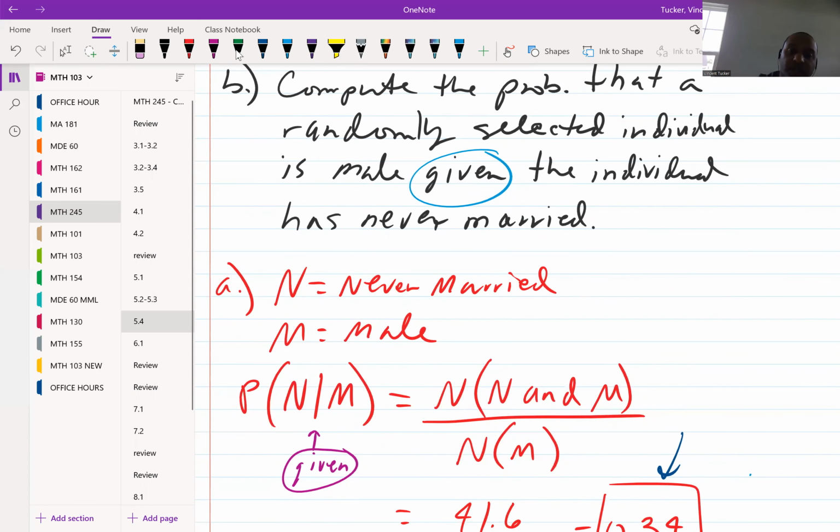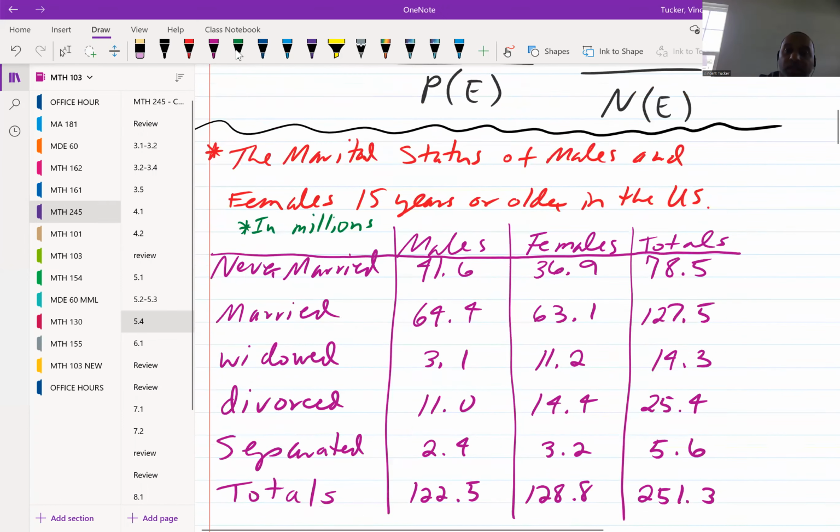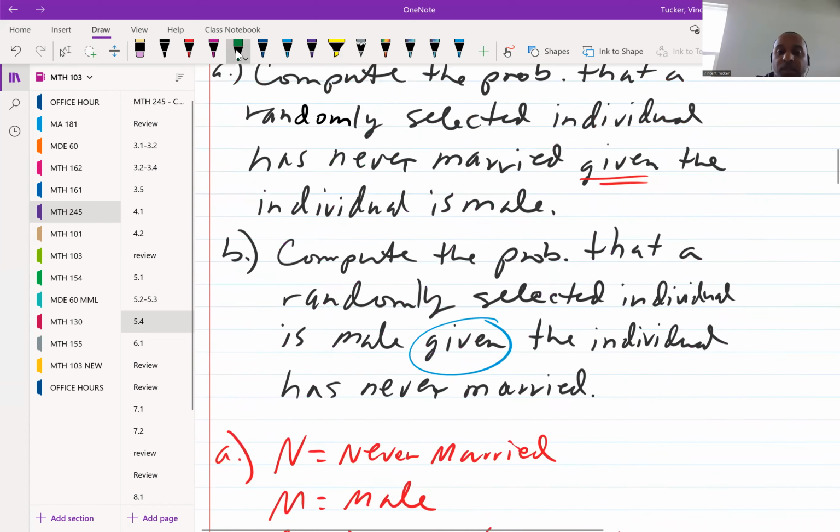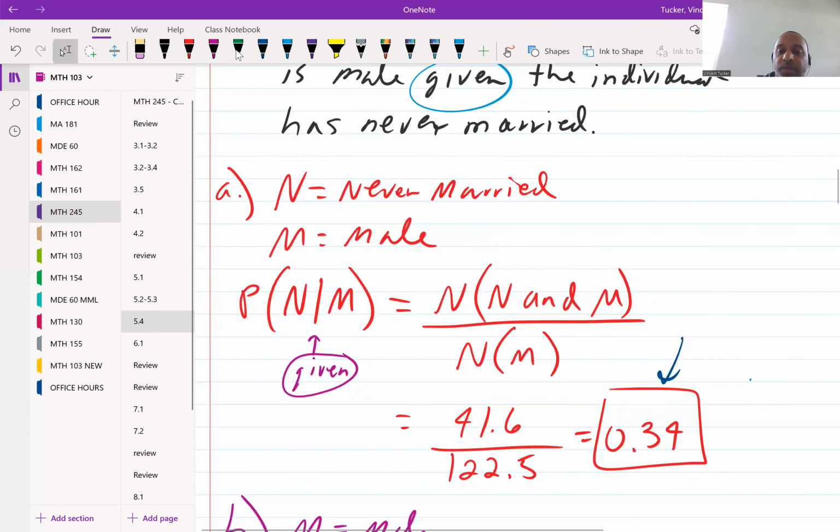So we go to our chart, looking for never married and male, that's 41.6. And then for the males, number of males is 122.5. So that's what we did here. And it's a 0.34 for our probability.